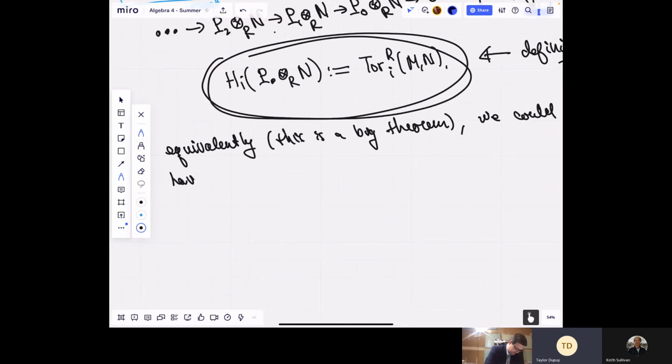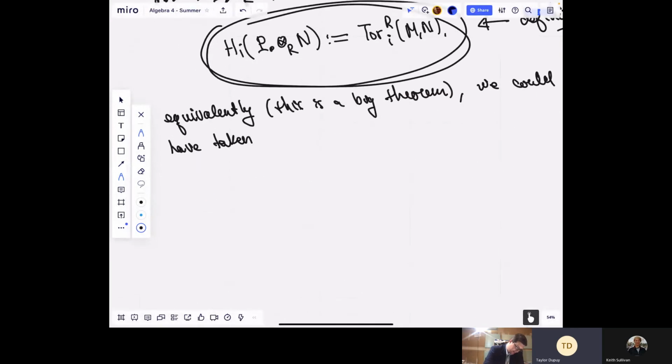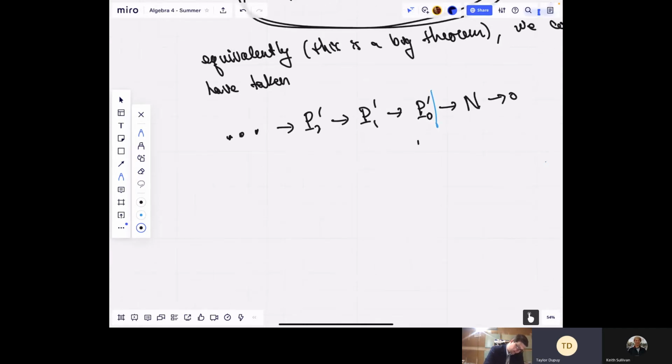We could have taken a resolution of N. We could have started with N, 0, and then let's say P prime, maybe I'm going to regret doing all these primes. So we could have started with the projective resolution of N, and again, we truncate this part, so we only consider it as a complex.